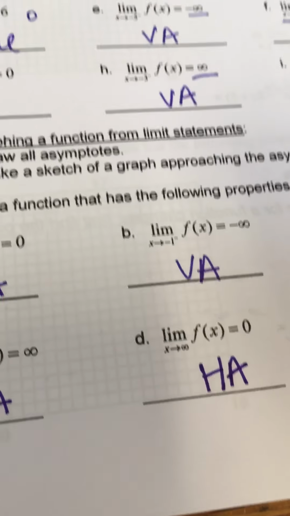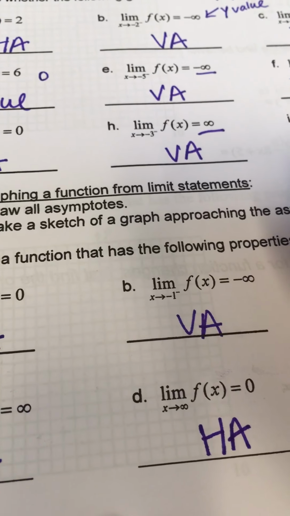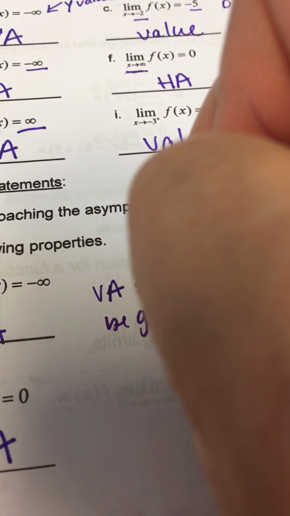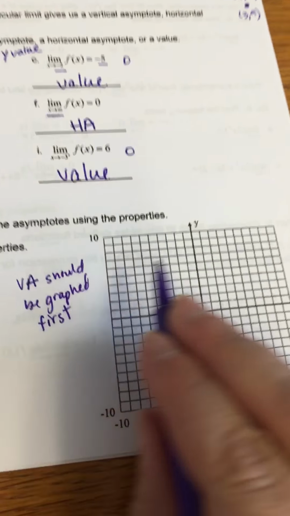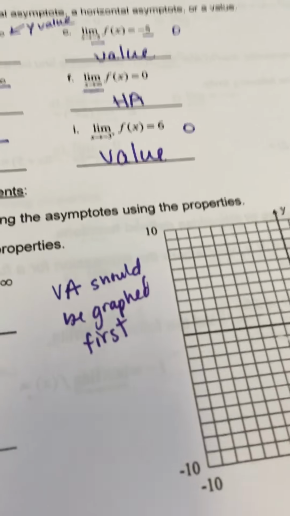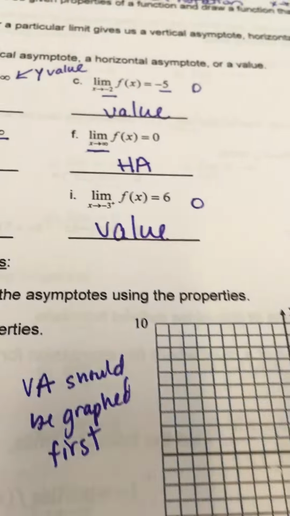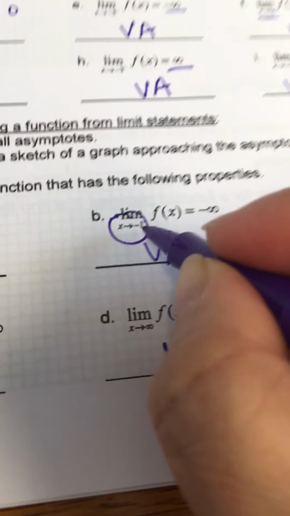Alright, so when you're graphing those, verticals, the vertical asymptotes, should be graphed first, because horizontal asymptotes don't always go through the entire graph. You'll see, especially for these, that they are going to stop at the vertical asymptote, so it's important we get the vertical asymptotes on there first. Alright, so my vertical asymptote is at my x value of -1 for this.